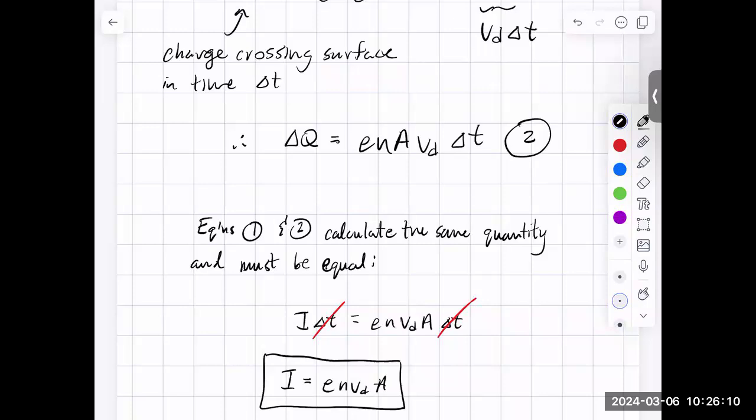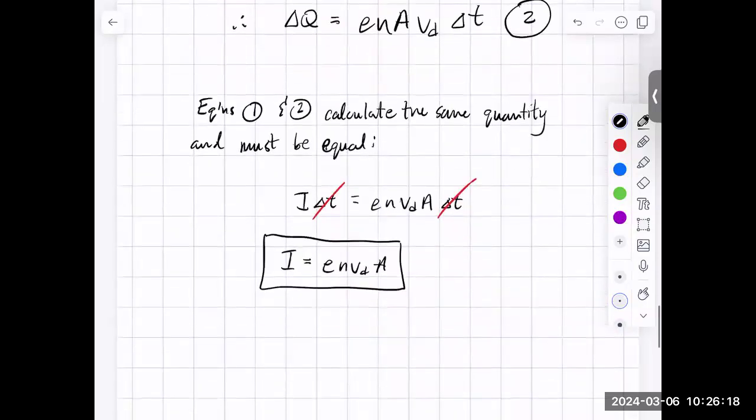And that comes from this factor of the area in this expression. Okay, good. The other thing we could do is solve for the drift velocity in this way.